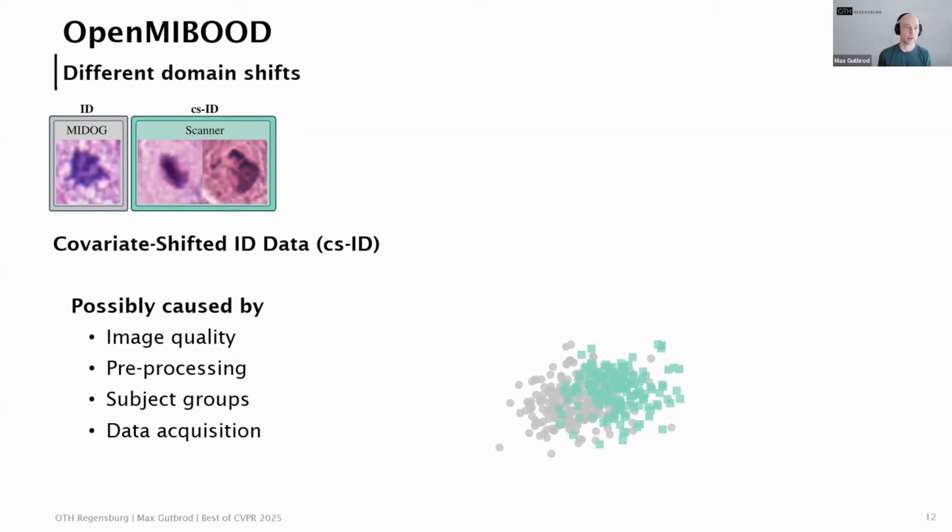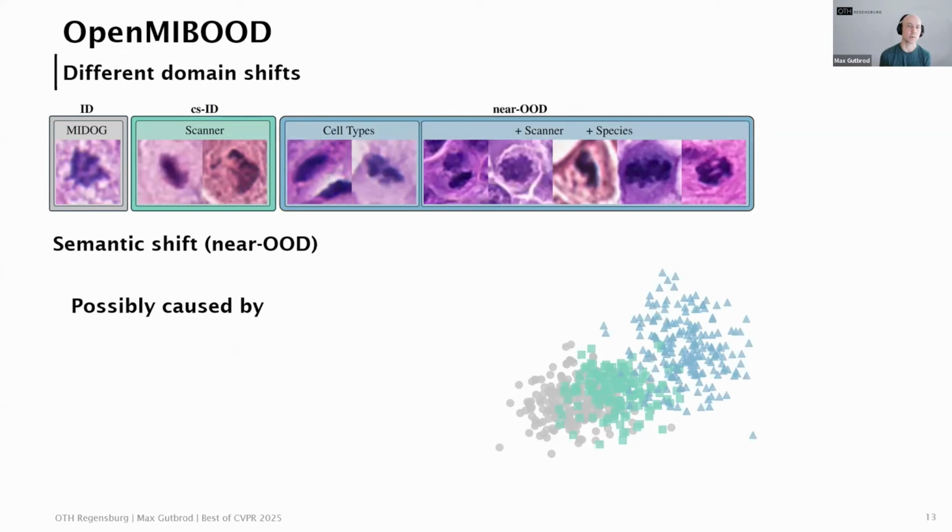Our second category covers semantically shifted data. This is also commonly called near-OOD data. And this kind of shift is usually caused if the input data depicts a novel class or concept. In our case, the types of cells differ. So for our in-distribution data, we only had breast cells.